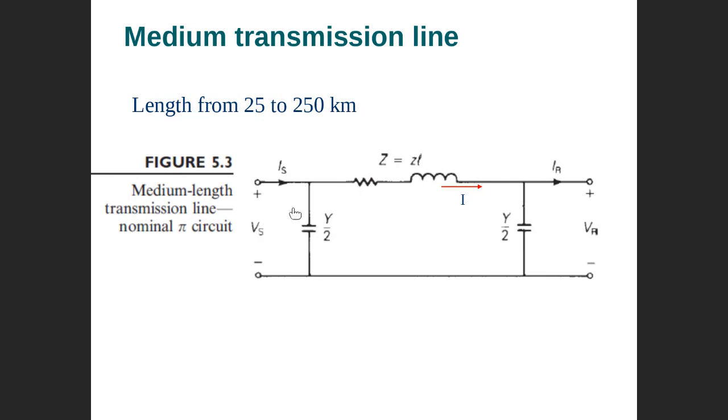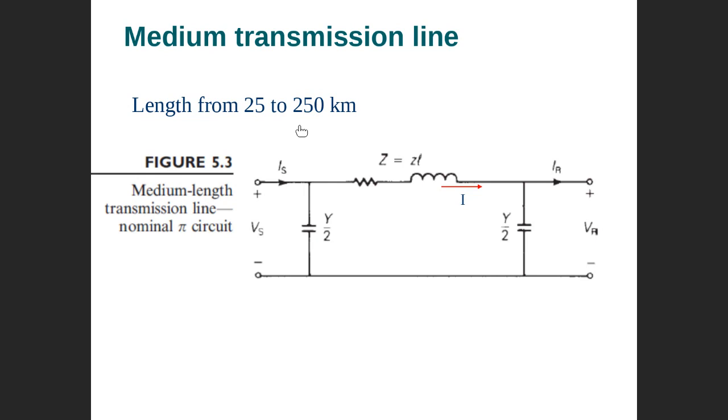Remember now, these are how we represent the transmission line, how we put the transmission line into a circuit. The circuit could be just Z, the impedance, or if it's a medium transmission line, then we can add the branches here.